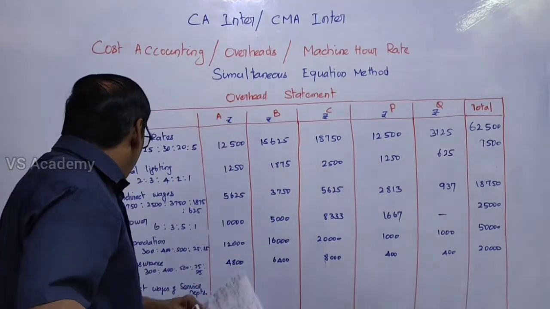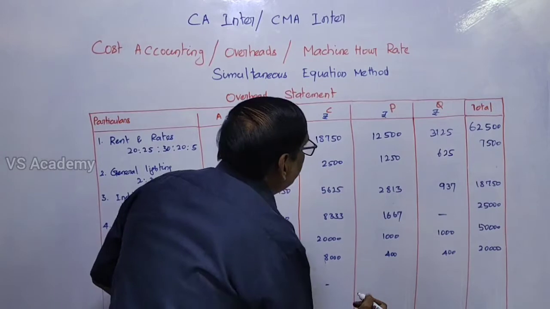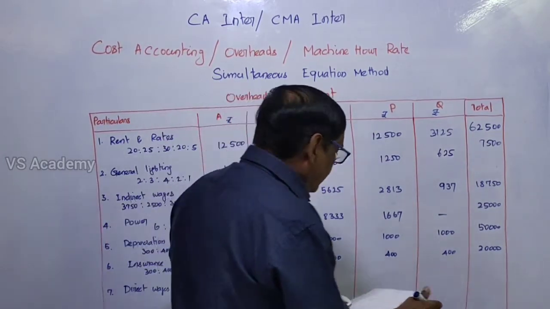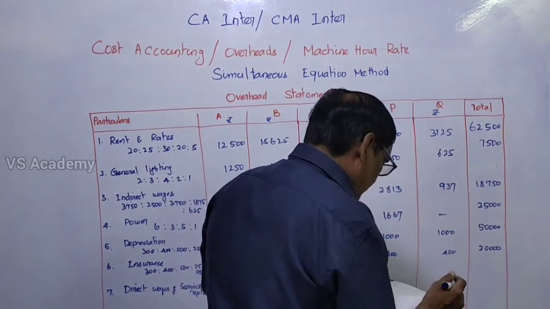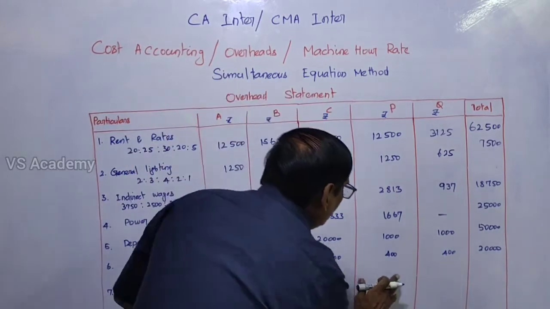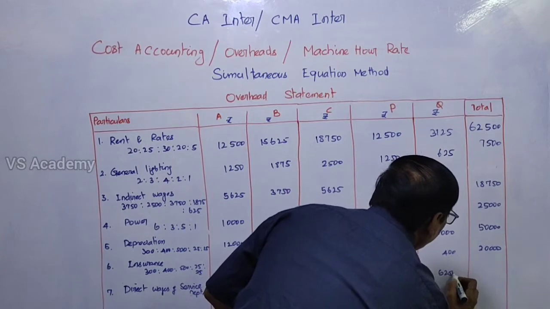So you can write the direct wages of the service departments: 6,250, and then, sorry, 18,250 and 6,250.